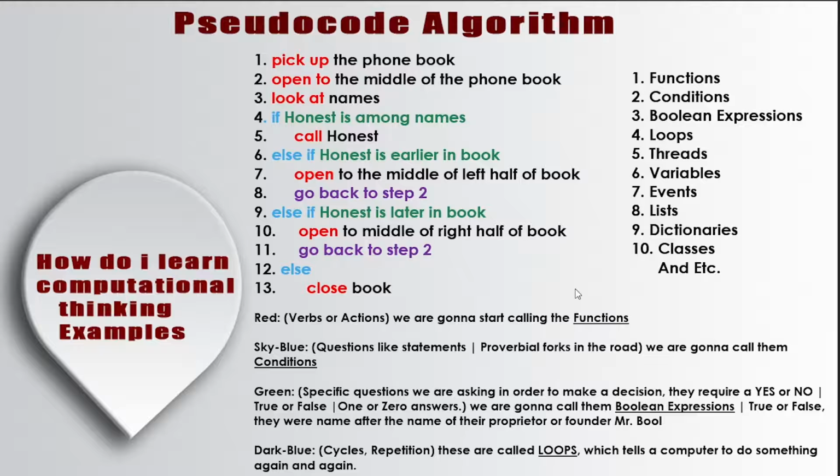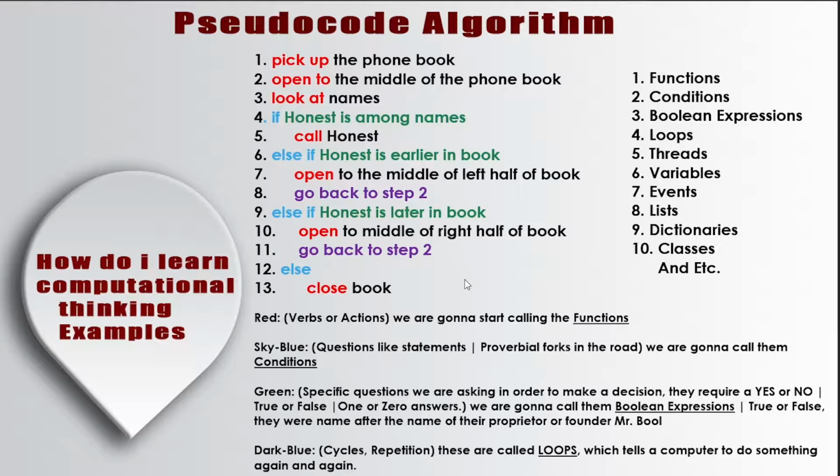Okay, now we have those ones which are in dark blue, like go back to step 2, go back to step 2. These are circle-like repetition. They are repeating.